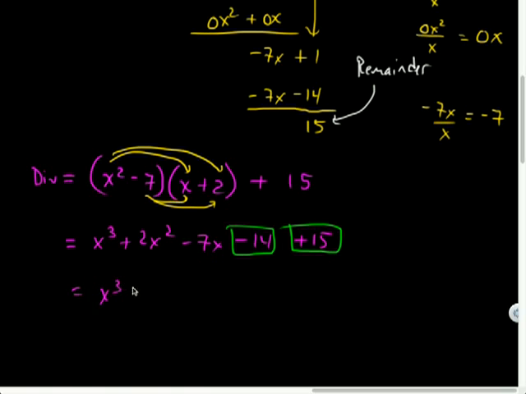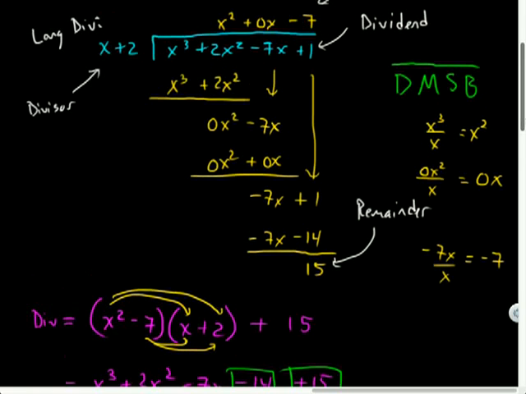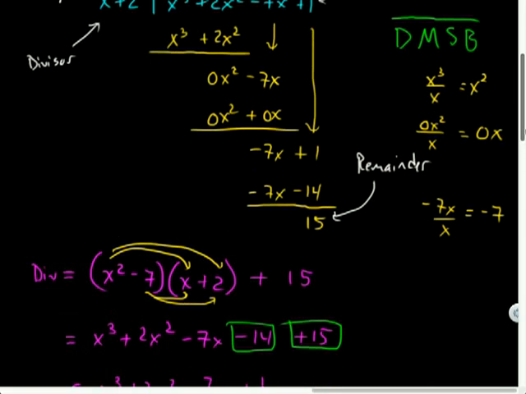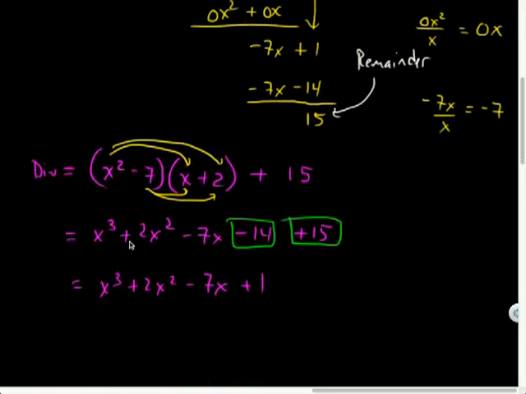So I get x cubed plus 2x squared minus 7x plus 1. Is that what we had as our original dividend? It is. So this actually does work out. I didn't rewrite the dividend there, so I kind of used this as a check.